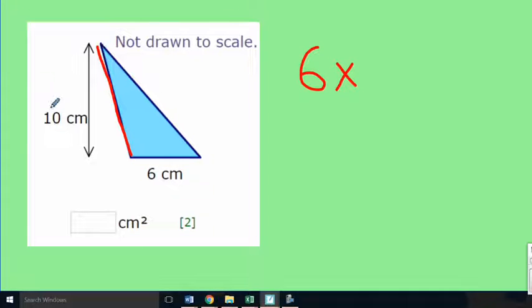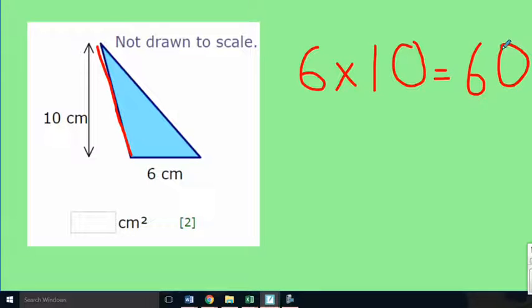It's given here for you, which is 10. So we know that base times height is 60. Don't forget, and some people do forget, this is the crucial part, to get your 2 marks, you must half your answer. So it would be 30. Don't be confused by this bit here, it's exactly the same rule.